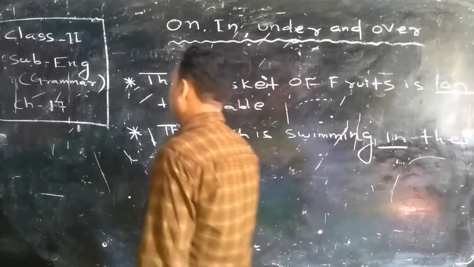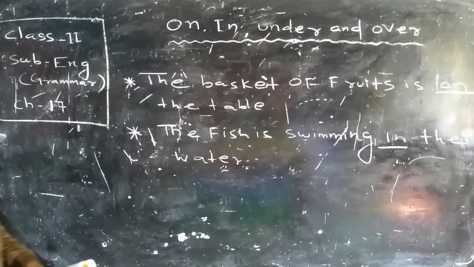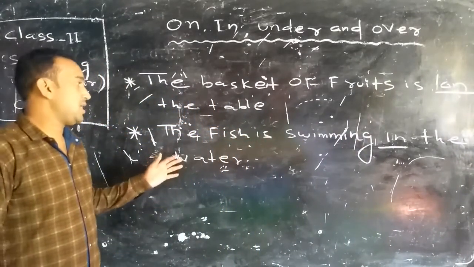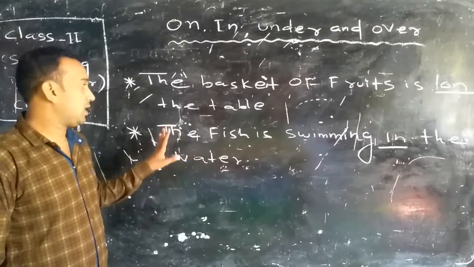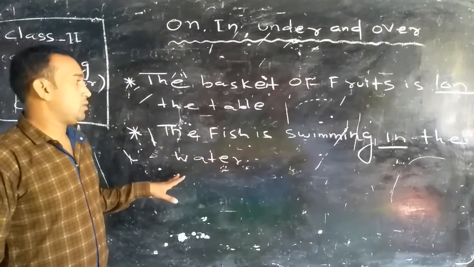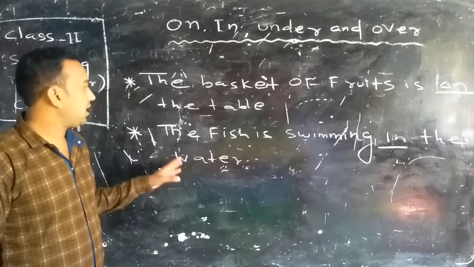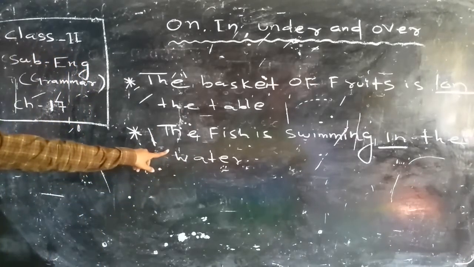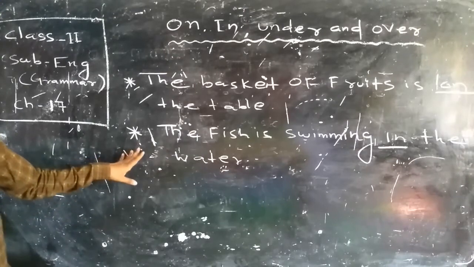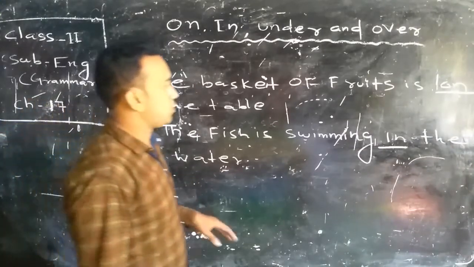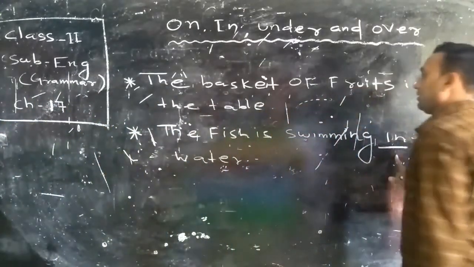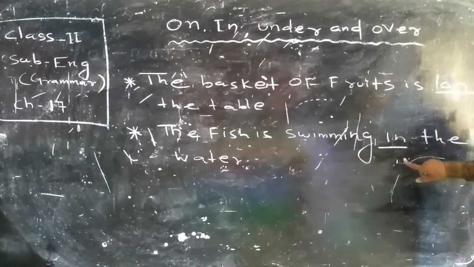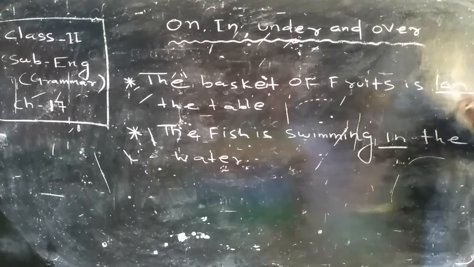Using in. क्योंकि फिश जो है पानी के अंदर ही रहता है. ये सुनो, पानी के बाहर जैसे आ जाता है वो उसका जो है डेथ हो जाता है. इसलिए फिश जो है ज्यादातर स्विमिंग करता रहता है, पानी के अंदर ही रहता है. ओके. सो फिश इज स्विमिंग इन द वाटर. So here we have to use in. Okay. Understand properly because it's important for you. Which place we have to use on, in, under, and over.